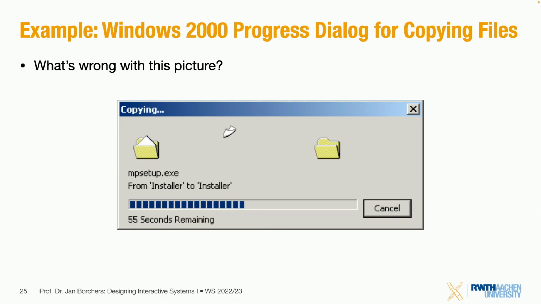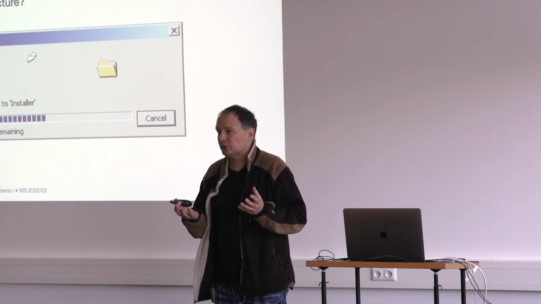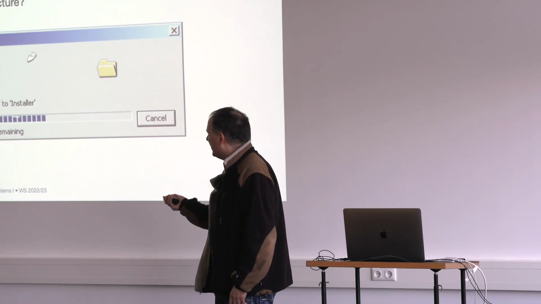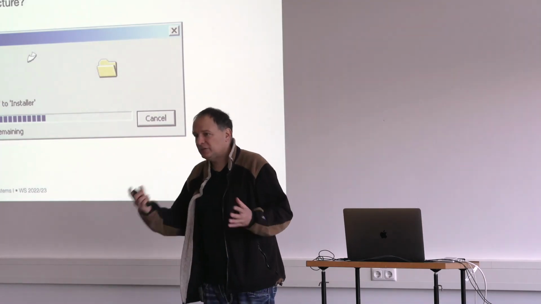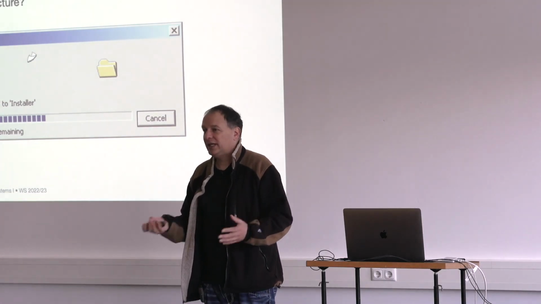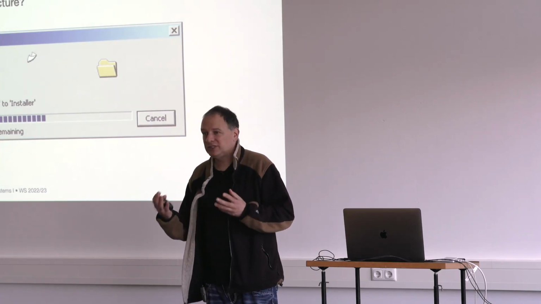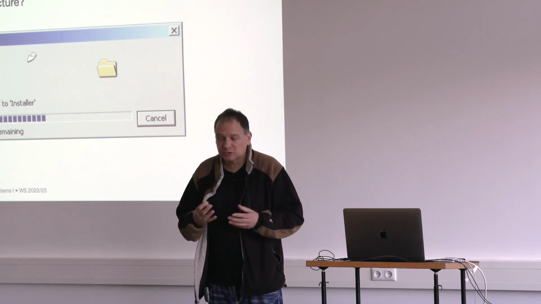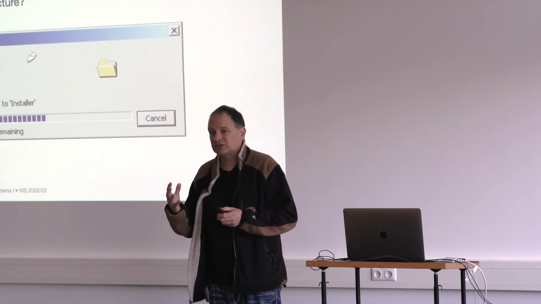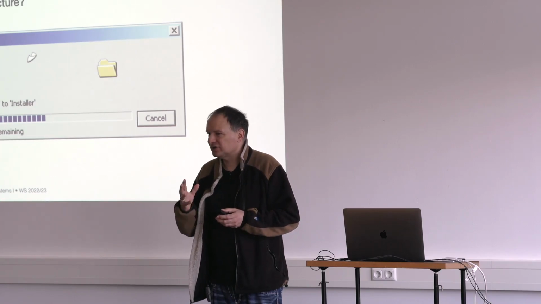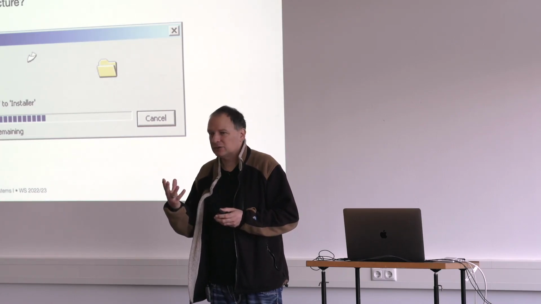That's because whoever programmed this didn't understand what a progress bar is for. Progress bars only make sense if they advance linearly over time with the progression of the task. And yes, that's a difficult programming problem. It's not always easy, and sometimes it's actually impossible to predict how long something is going to take. But then the system shouldn't lie. Then it should be honest about it: I don't know yet, and I'm figuring it out.